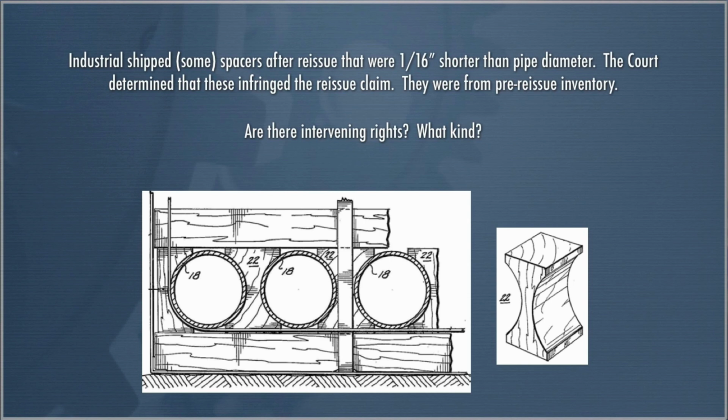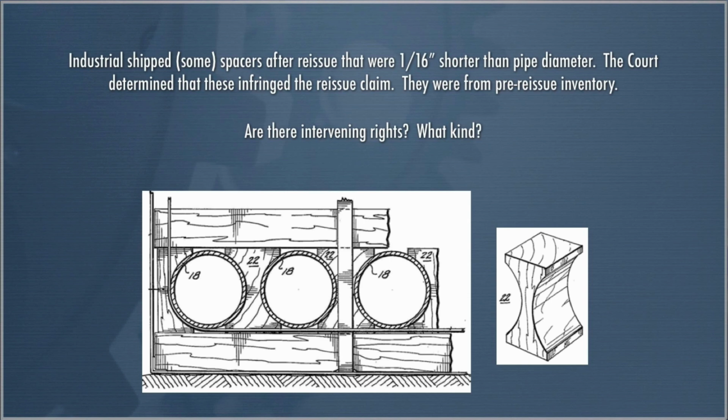Right, and the court decides there are equitable intervening rights because even though the patentee was selling these goods after the reissue patent had been issued with the new claims, these were from pre-reissue inventory. Right?